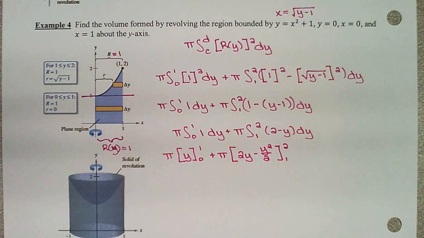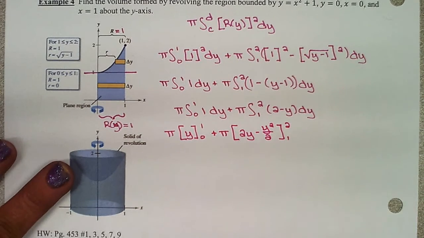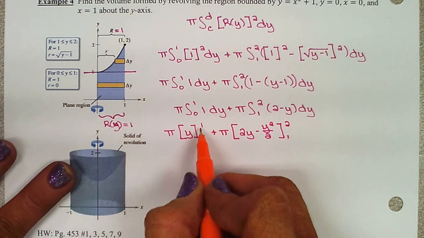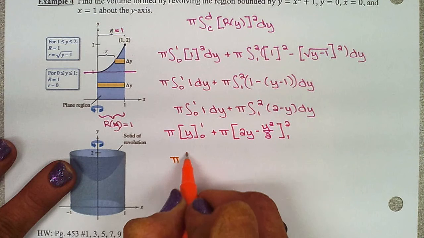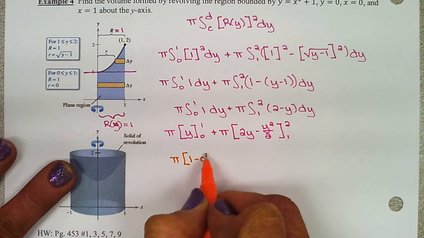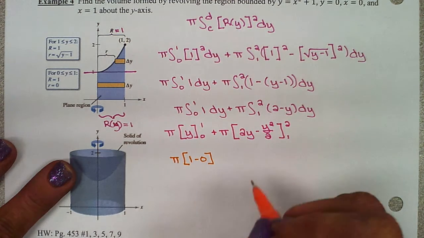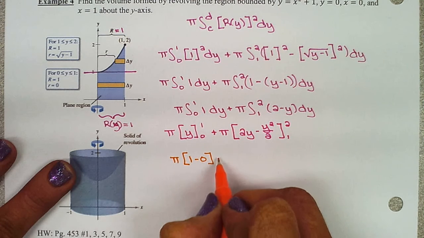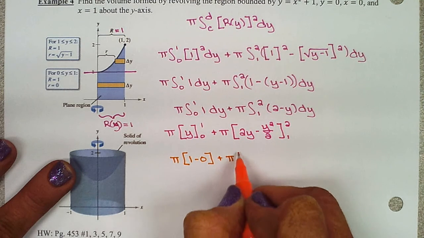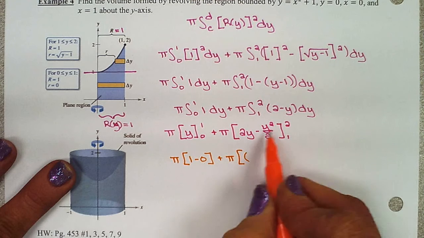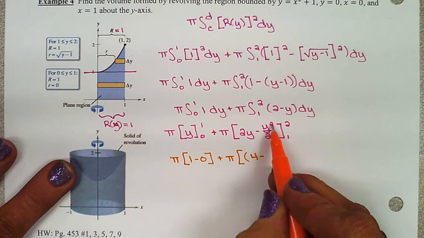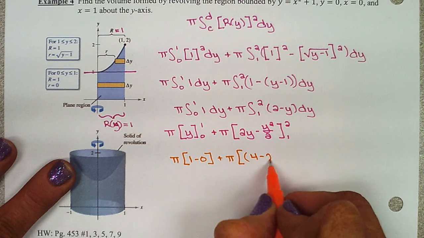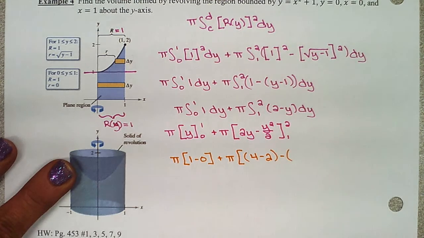And now I'm going to go in and plug in my upper and lower limits to evaluate it and get my final solution. So here, if I plug in my 1, I'm going to have pi. This would be like a 1 minus 0, which will just be the 1. And then here, I have my pi. If I plug in the 2, 2 times 2 is 4. Here, if I plug in the 2, 2 squared is 4 over 2, which is 2, minus evaluated at the lower limit.